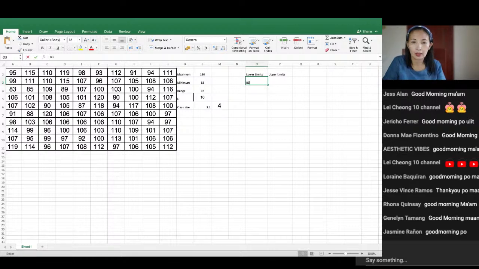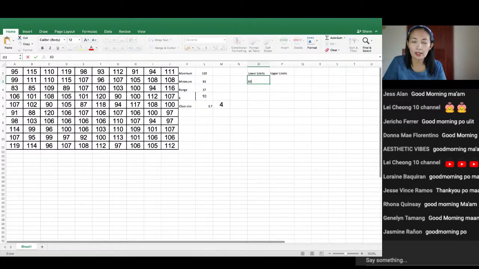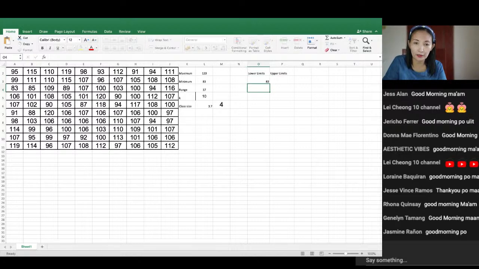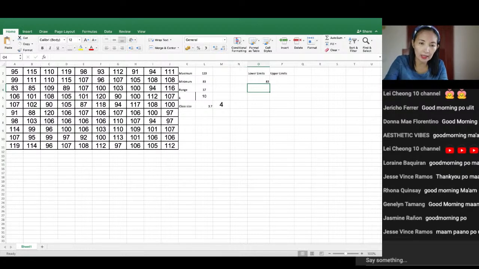Now, take note that to get the succeeding lower limits, we simply add the class size to the previous. So the succeeding lower limits will be obtained by simply adding 4 to the lower limit of the first class. So, 83 plus 4.